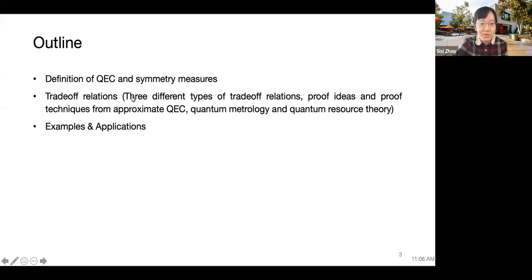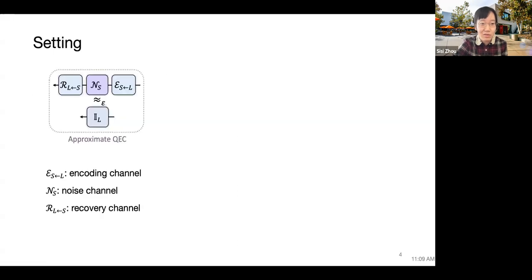To be specific, I'm going to talk about three different types of trade-off relations and a little bit about the proof ideas and techniques from different fields like approximate error correction, quantum metrology, and quantum resource theory. Finally, I'll talk about some examples and applications. There are going to be a lot of formulas in this talk, so please stop me anytime if you have any questions.